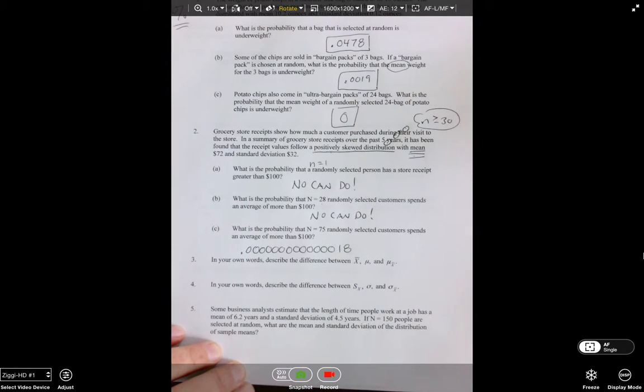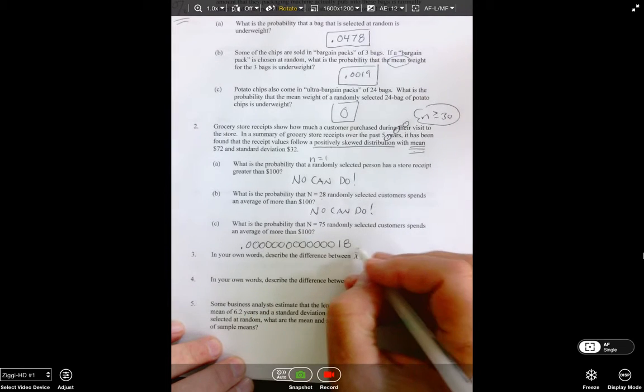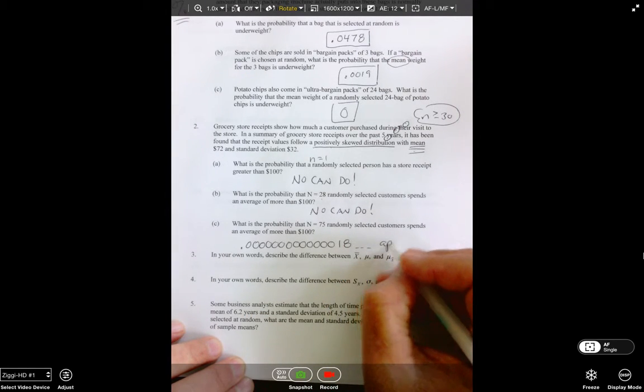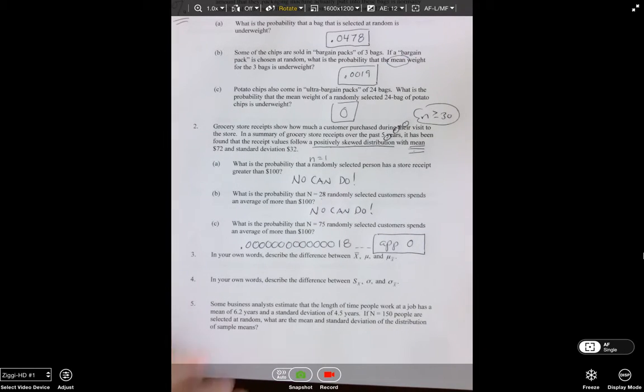Now, I don't know about you, but that got a little silly with all those zeros. So, guys, how I would have written this is just approximately 0. I don't think there's really any standard on it, but once it gets to a point where you get sick of drawing zeros, I just say approximately 0.